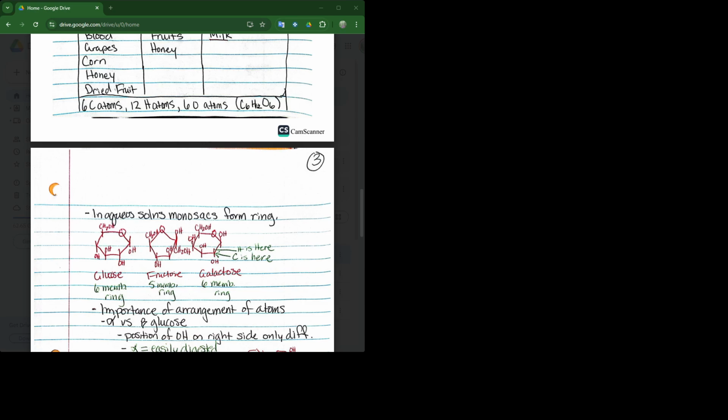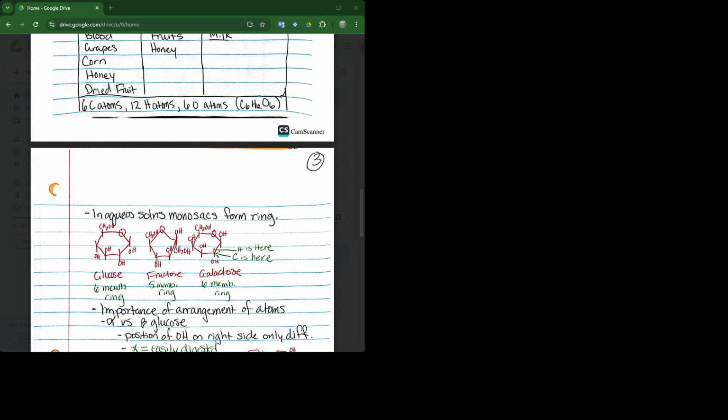They differ in the way the hydrogen and oxygen atoms are arranged around the ring. The difference in position affects the characteristics of the sugar and how it will respond in food preparation. Continuing on just a little bit, to understand the importance of the arrangement of the atoms. Okay, so it just told me something about how arrangement affects characteristics of sugar and how it's going to respond.